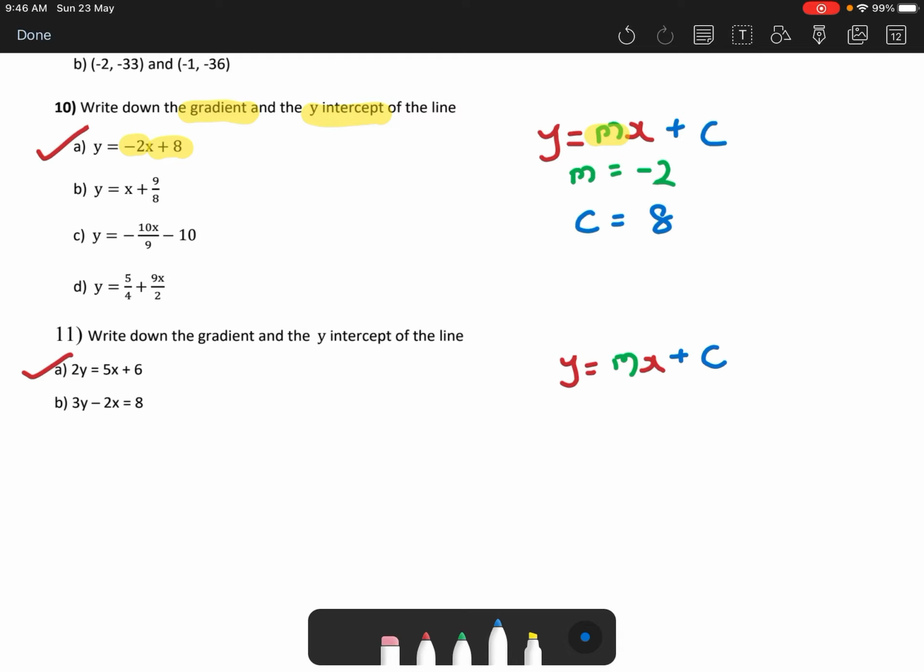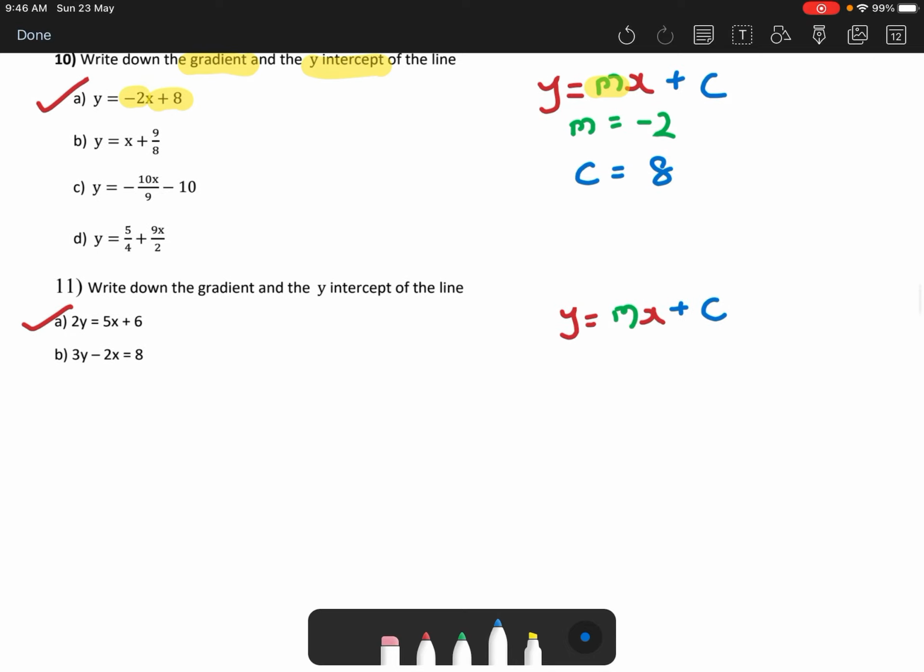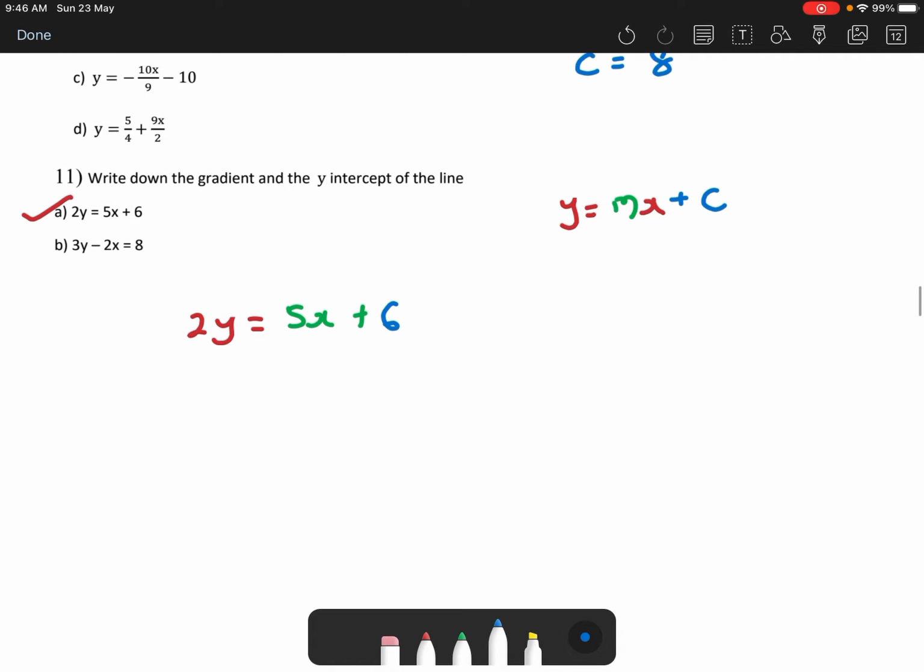So how do we do this? Actually, this is still very simple. We just have to make the left hand side y.